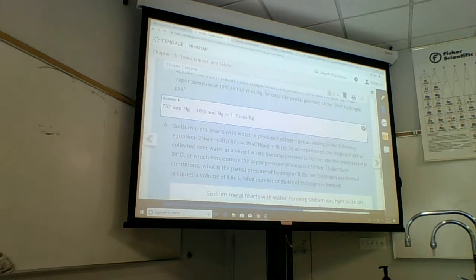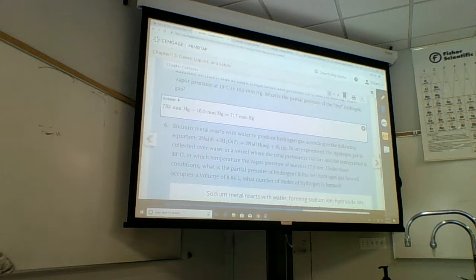Okay, so the pressure is 745 torr for this mixture. The temperature is 20 degrees C, and this is the total pressure. They tell us that the pressure of the water vapor that results is 17.5 torr.